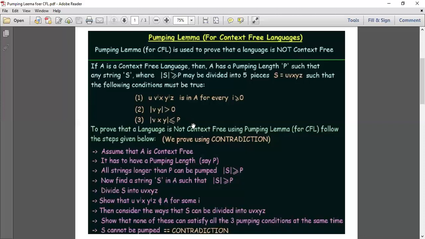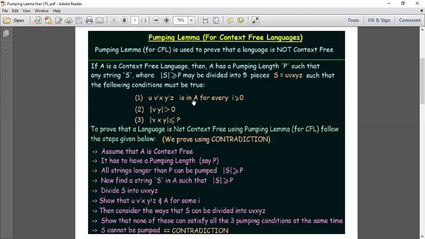Generally, condition two is almost always true, but we always focus on condition one. So most of the time, whenever we solve pumping lemma problems for context-free languages, we focus on this particular condition first.